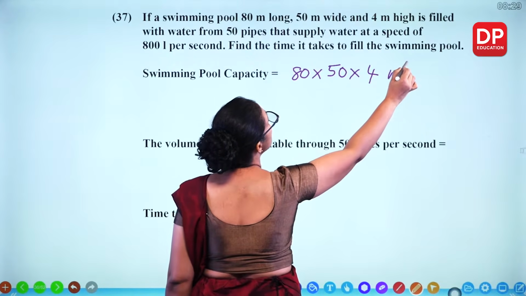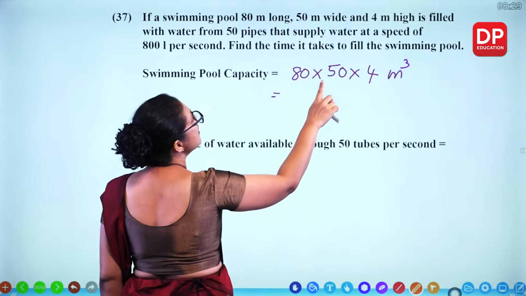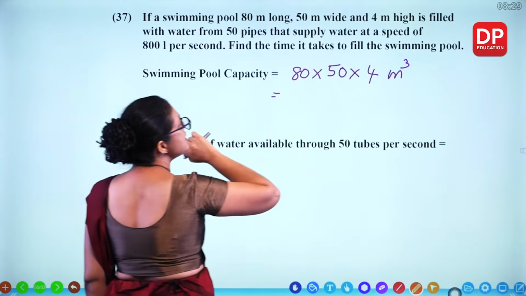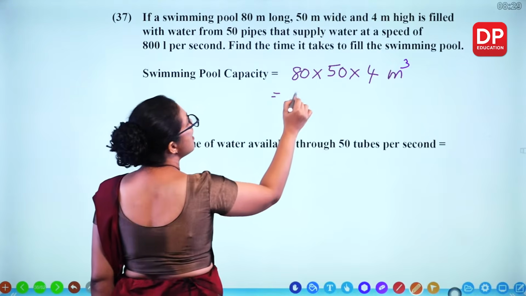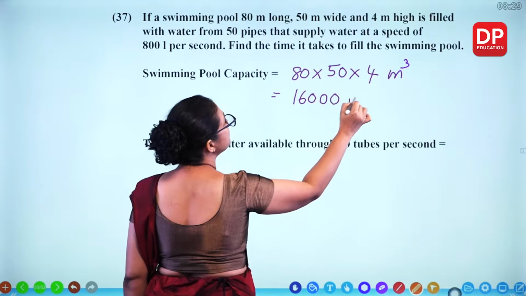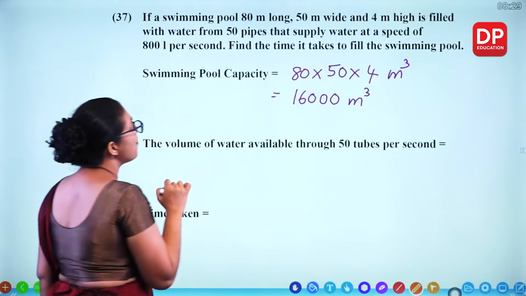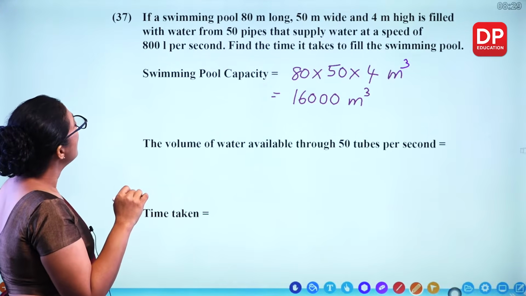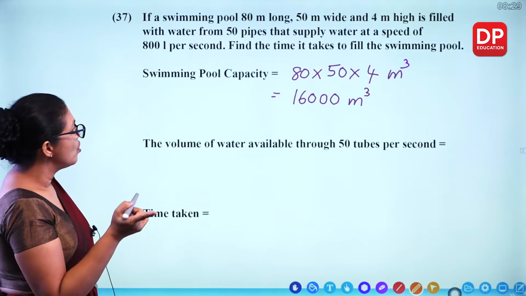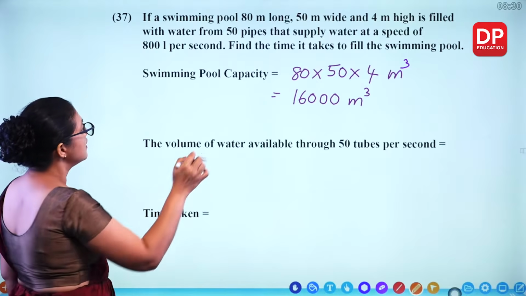So this is in cubic meters. 5 times 4, 20. 20 times 8, 160 and 2 zeros. That's the capacity.